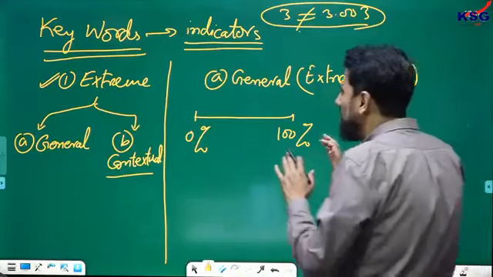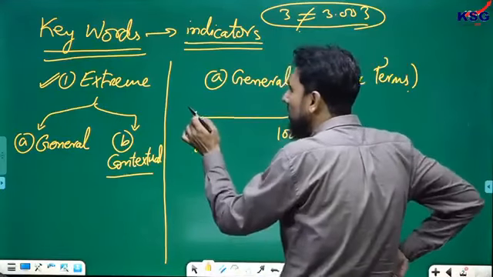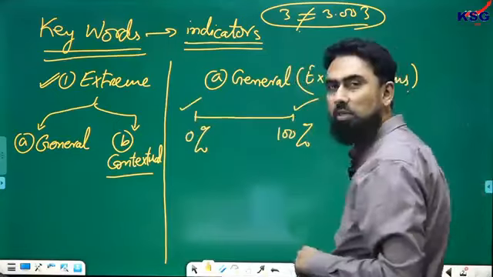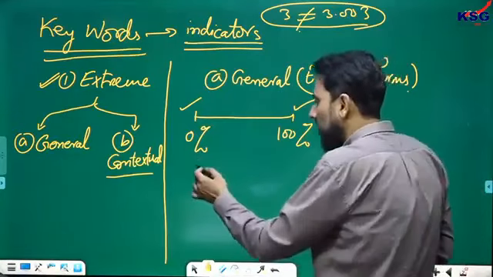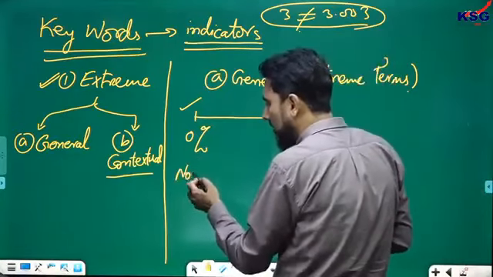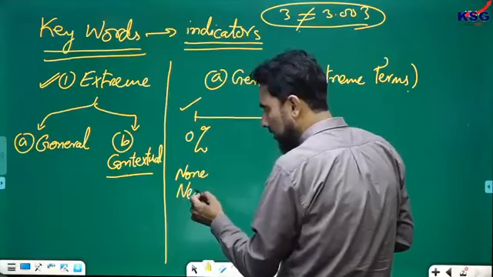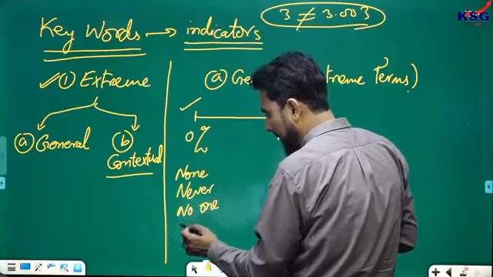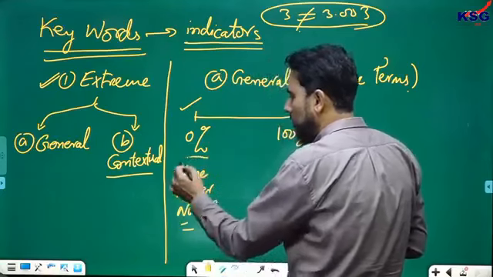So the general extreme terms are those that clearly tell you either 0%, like mathematics, or 100%. Words like none, never, no one give you 0%.